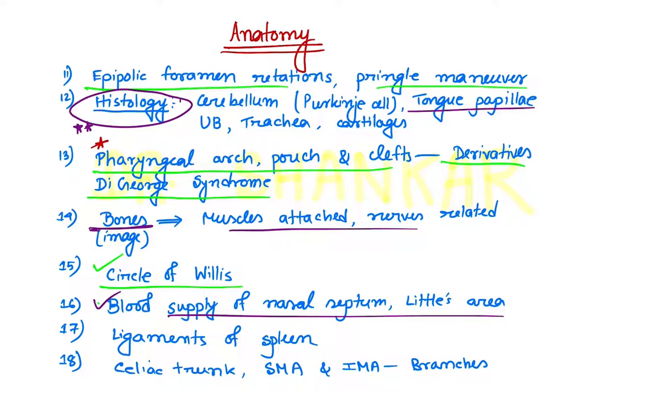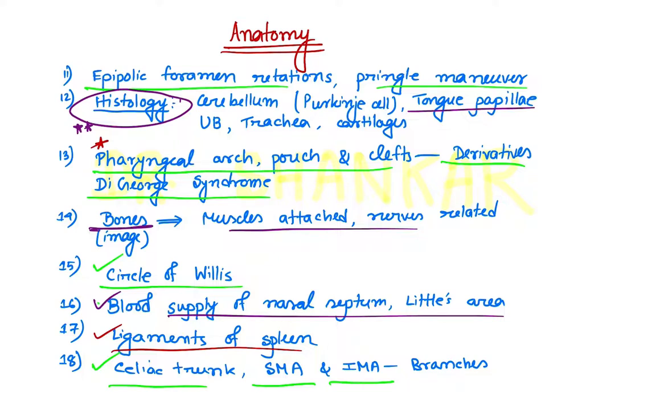Similarly, ligaments of spleen are important. Like last time in the INICET exam, one question was there: which ligament prevents downward displacement of spleen? I think phrenicocolic ligament is the answer. So ligaments of spleen, along with arteries, the ventral branches of the aorta, like celiac trunk, superior mesenteric artery, inferior mesenteric artery, their branches are very important.